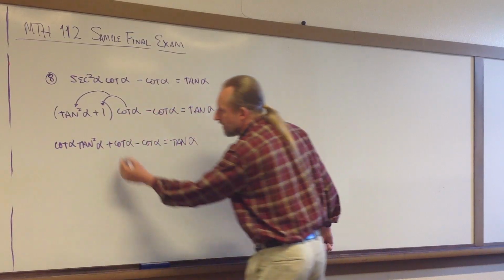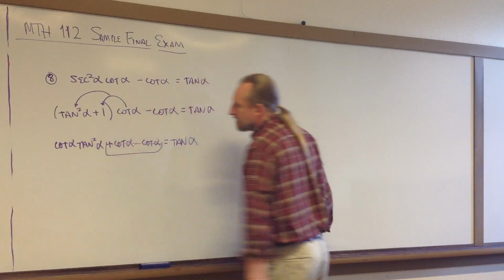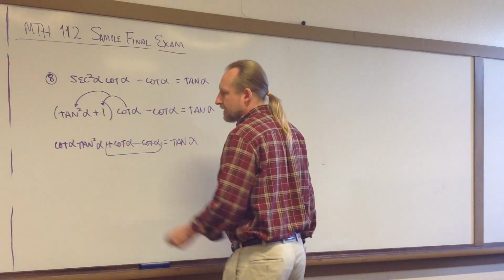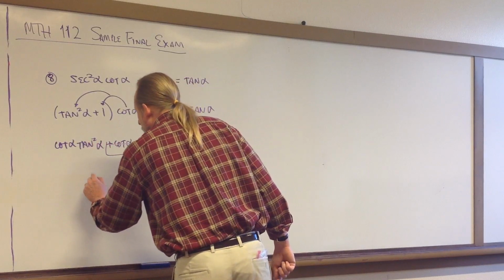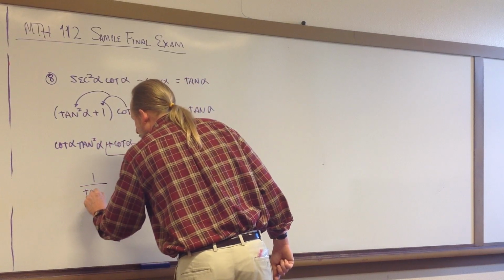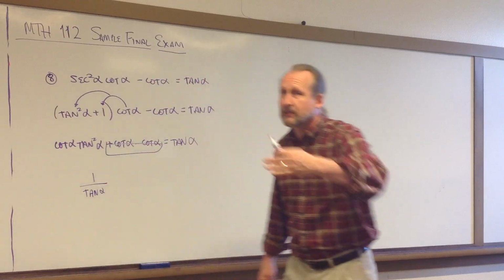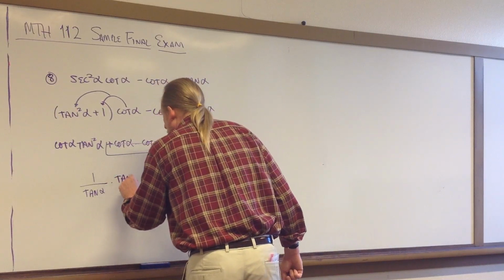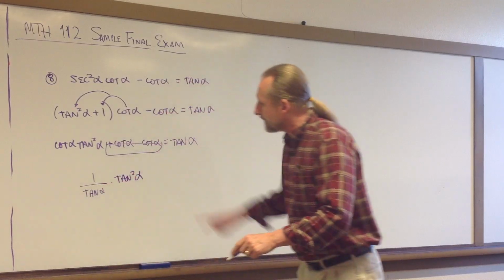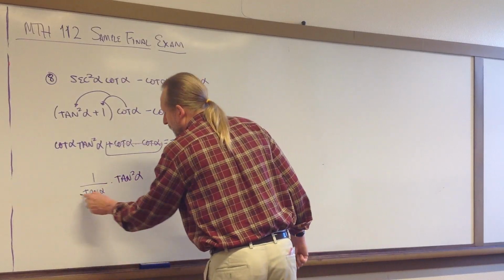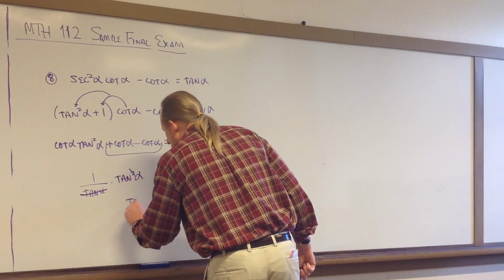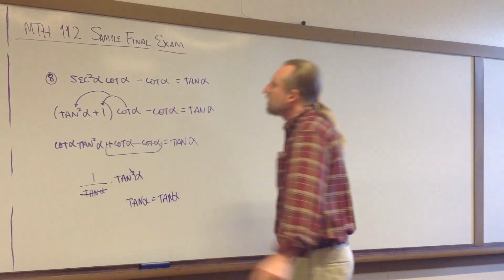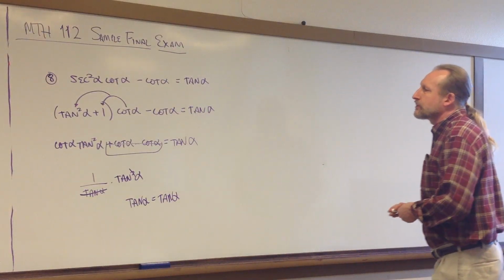So these right here, very quickly, cancel each other out. Over here, cotangent alpha is 1 over the tangent, right? You can rewrite them in terms of sines and cosines if you want to, but there's really no need to do it. What you've got is 1 over tangent alpha times tangent squared alpha. That's going to cancel one of these, and there's your tangent alpha equals tangent of alpha. So that's one way to approach this.